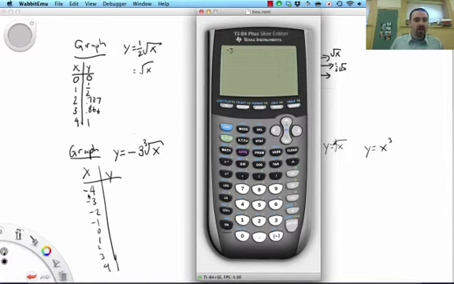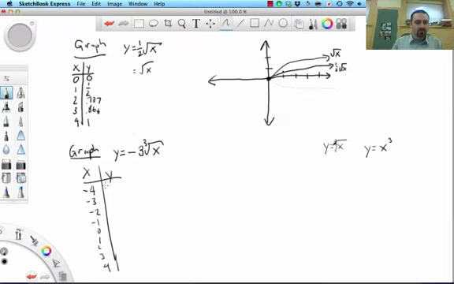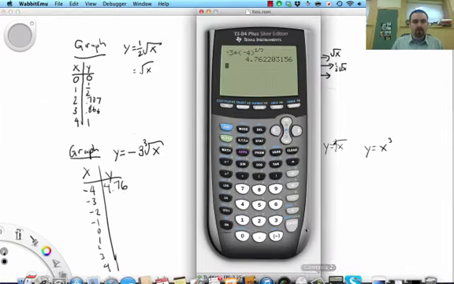If I put in -4 for x, I get -3 times -4 to the 1/3 power, which is 4.76. Notice that is positive 4.76.